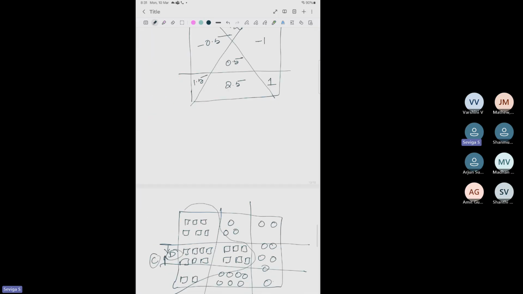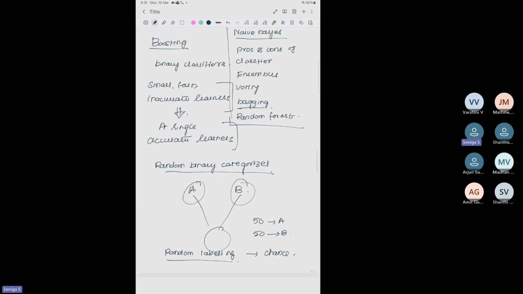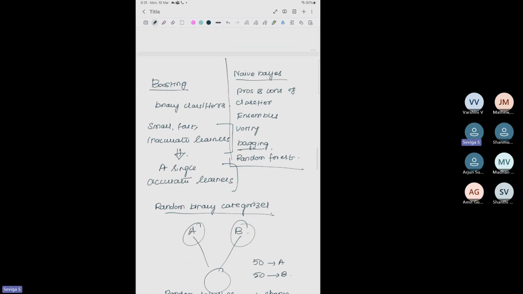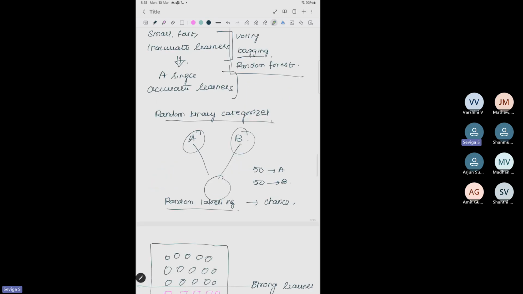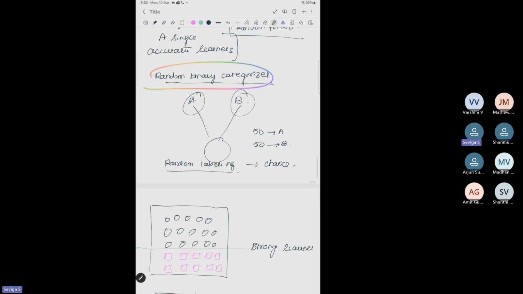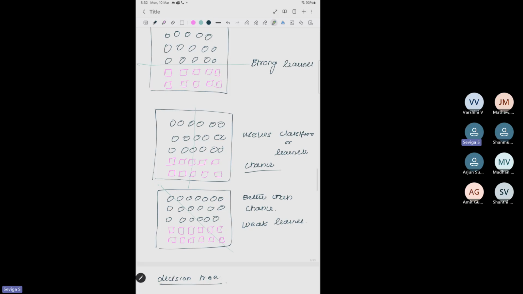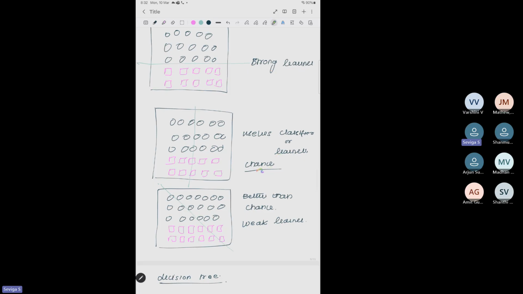So this is about boosting. Boosting works well with binary classification. The one concept you have to remember in boosting is this: it combines several fast, inaccurate learners into a single accurate learner. We saw what a random binary classifier is, and we took an example of a strong learner, and a learner that works at chance or is a terrible classifier, called a weak classifier.